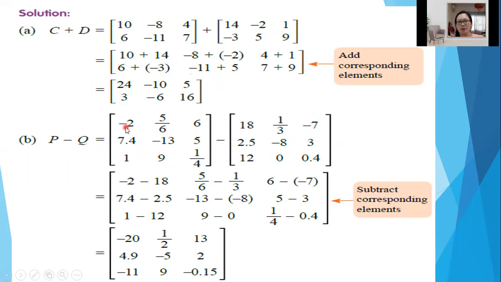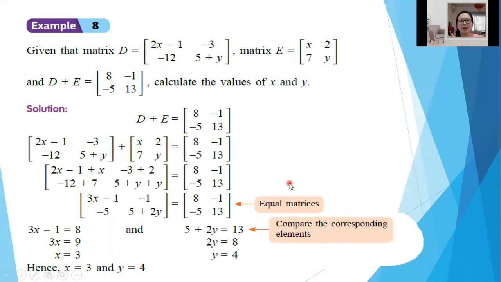So P11 minus Q11, P12 minus Q12, P13 minus Q13. After we put them according to the corresponding elements, press the calculator to get our final answer. So it's very simple.